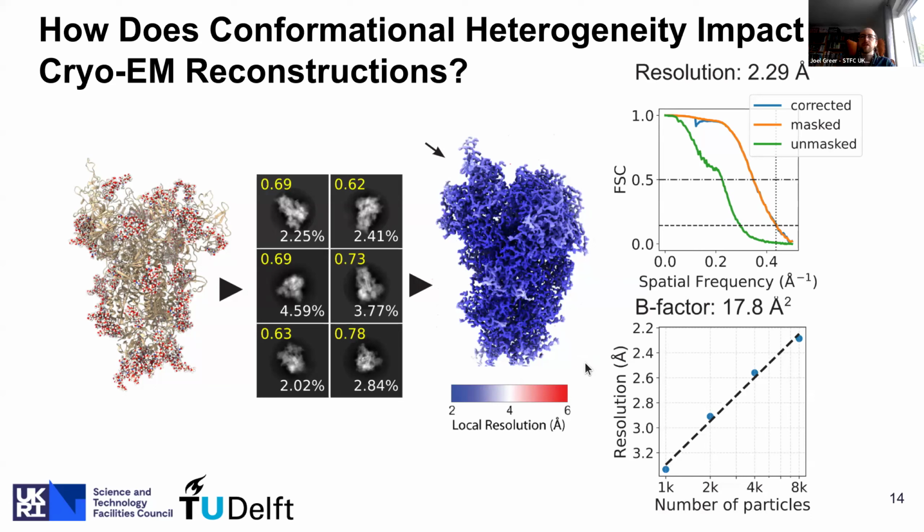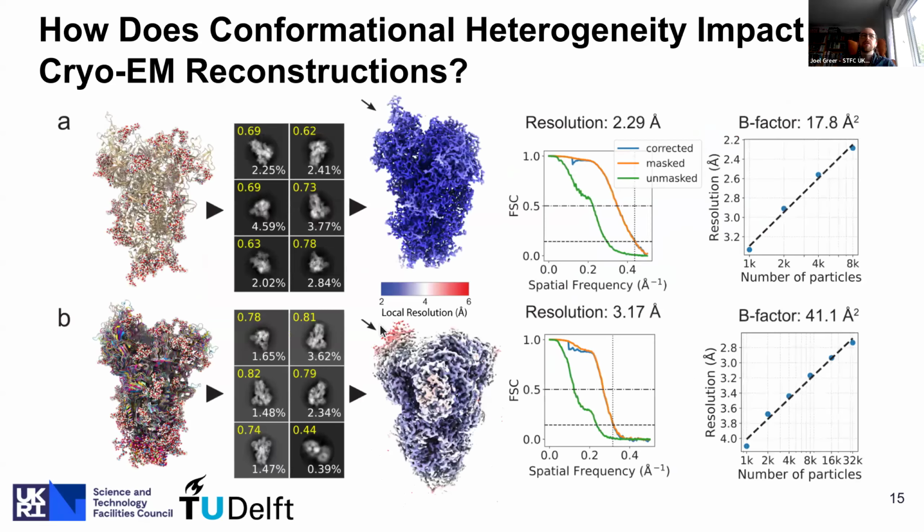Okay, so we've seen what we get from reconstructing our single conformation dataset using a single particle analysis pipeline. I show here the same plots as on the previous slide on the top level in this subfigure A. And now I also show the same plots for our dataset, which includes conformational heterogeneity.